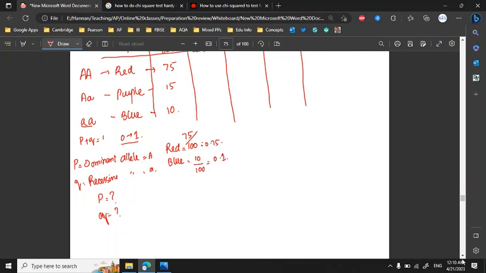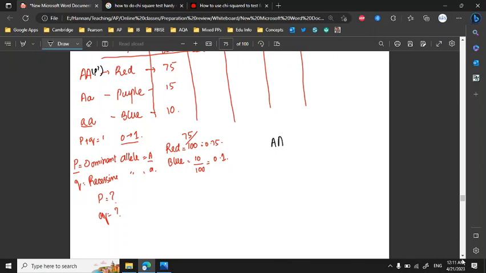Now the problem is that when you represent P as equal to A, then how do you represent AA? You would represent AA by P square, not by simple P. The single P represents one capital A. What does it mean? If single P represents one capital A, then two P's would be representing two capital A's, which would mean P square.